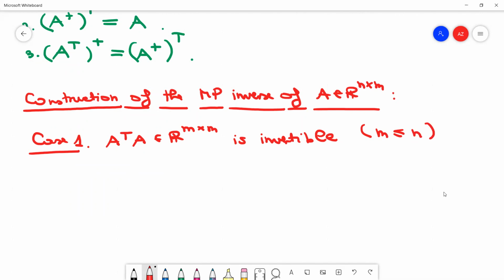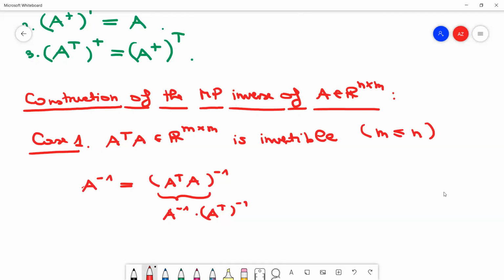And now I claim, again, we can think of the invertible case. So if A was invertible, then A inverse is equal to (A transpose A) inverse. So this would be A inverse times A transpose inverse, because if we have the inverse of a product, this is just the product of inverses.